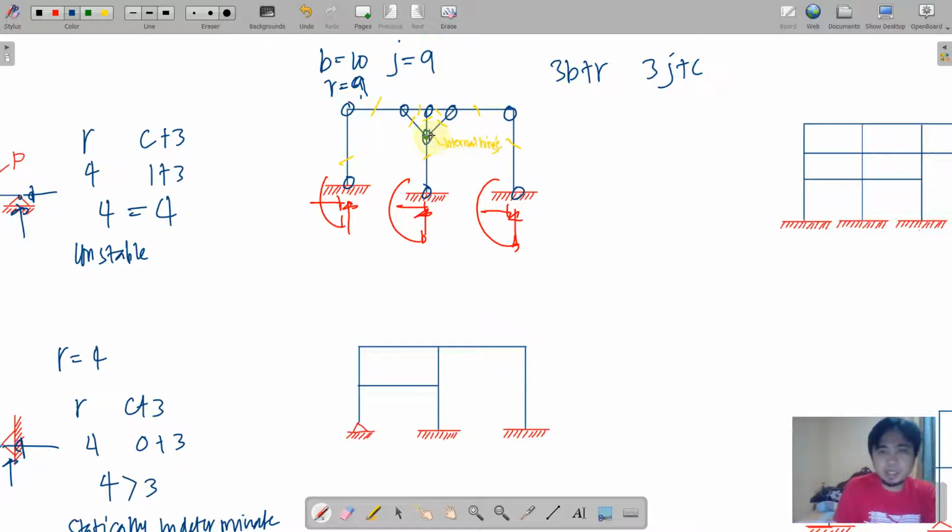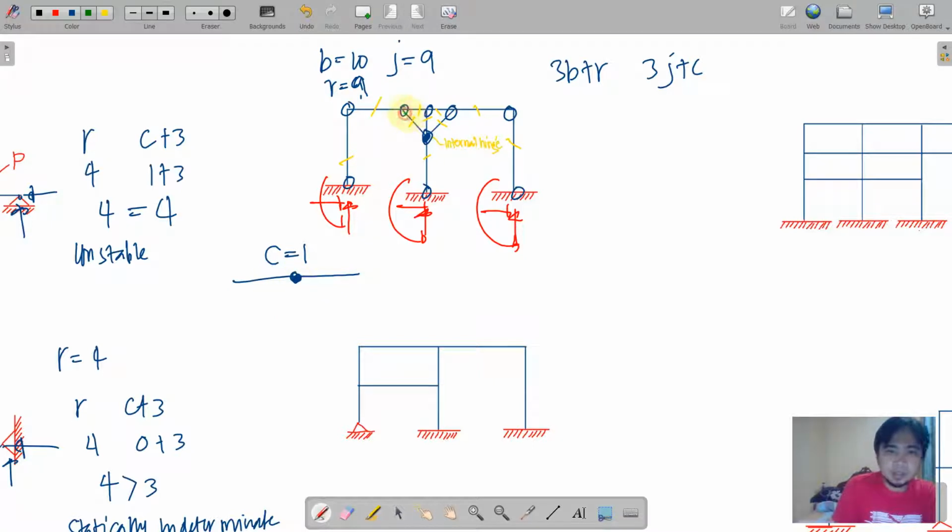Now for C plus 3, remember that this is a pin, and the count for a pin connection has to be equal to 1. Okay? So if we have a beam here and the pin here, the C coefficient is equal to 1. Remember that this is connecting two members. So basically, we are going to count the number of members that this pin connects.